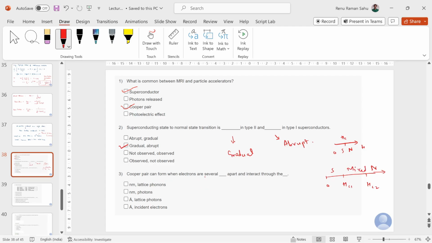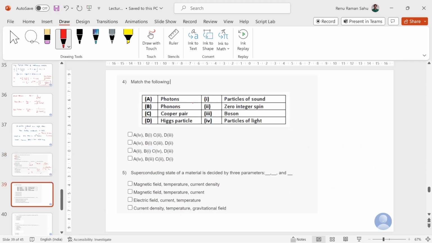A Cooper pair can form when electrons are several nanometers apart and interact through lattice phonons, and it is not photons. And why not angstrom? Because angstrom is the order of atomic spacings, and the Cooper pair electrons interact by these phonons. That is why they are nanometers apart.